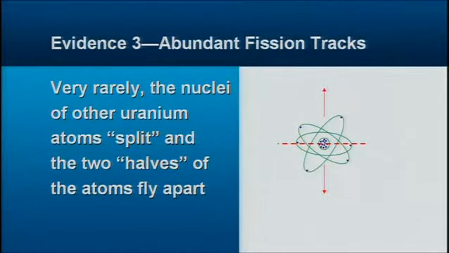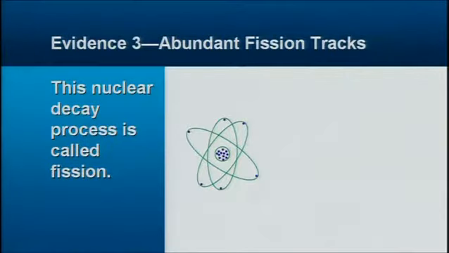So you get 2 fragments or 2 new atoms of similar size rather than something very large, still similar to the size of a uranium atom. So what happens? As the atom splits, the 2 halves fly apart, the 2 small atoms, and this process is called fission. Fission is division.